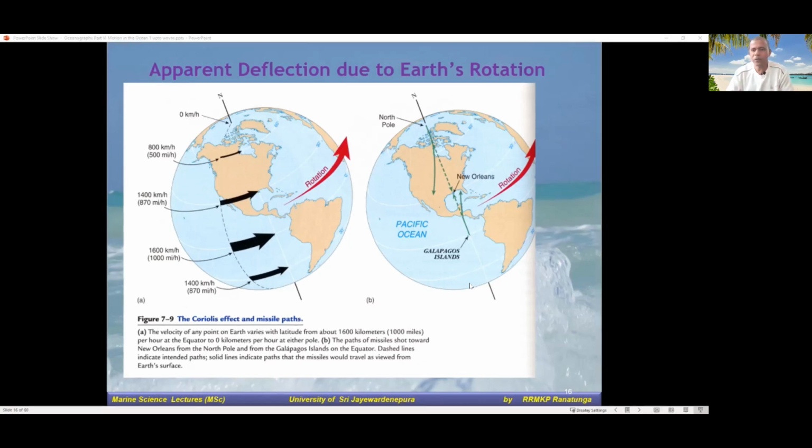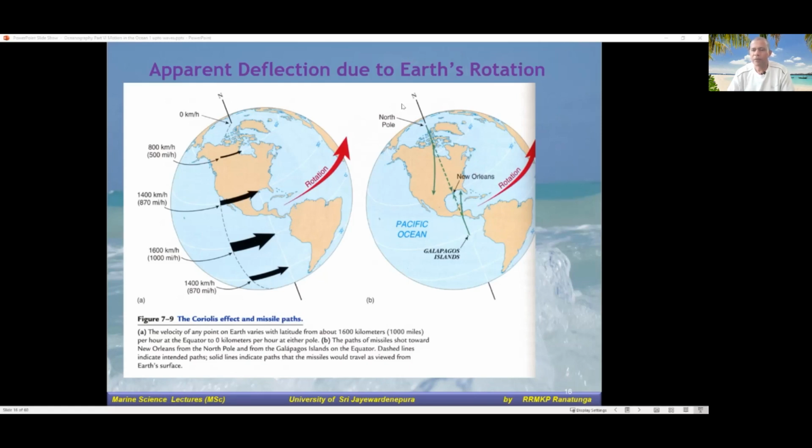this is very important for a pilot. If a flight is moving from here, targeting this straight line to here, it will definitely end up somewhere else because of its clockwise deflection, rotating to the other side.